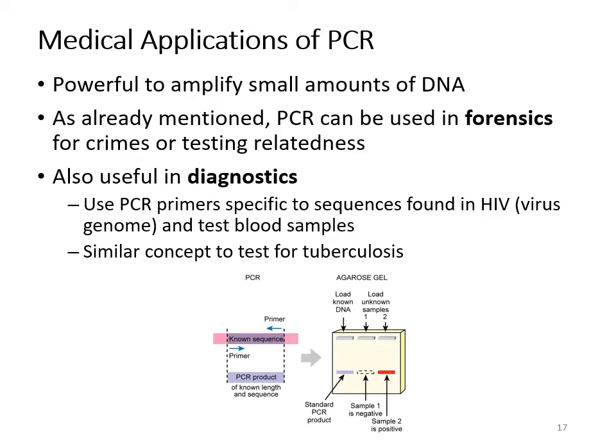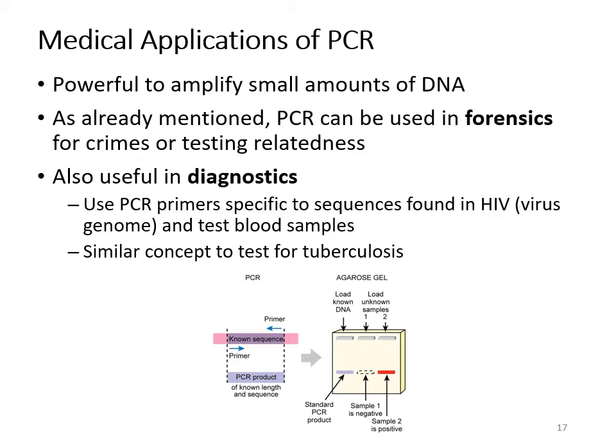There are also a lot of medical applications of PCR, whether you're doing regular PCR or the big time qPCRs. With the bullet points that I have on this slide, keep in mind that there's a whole lot more you can do with PCR. This is just the sampling.